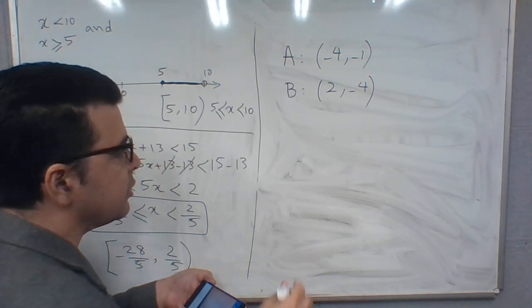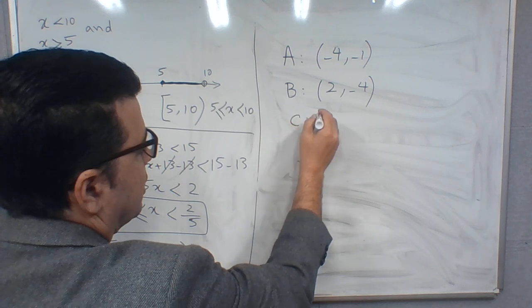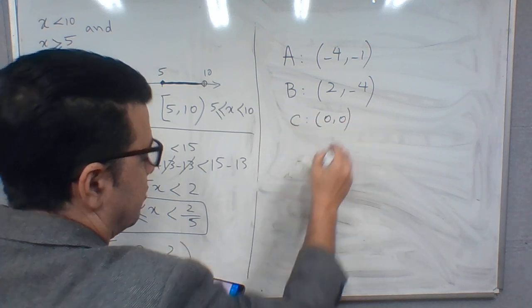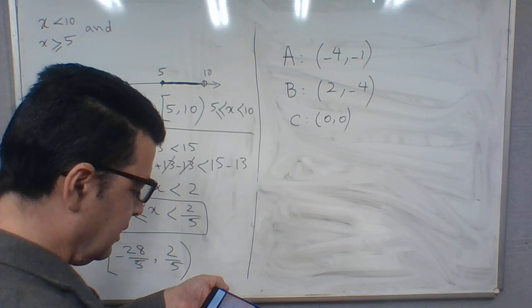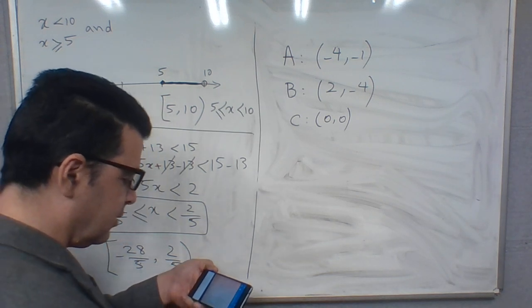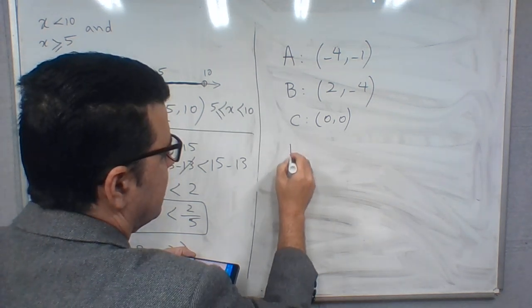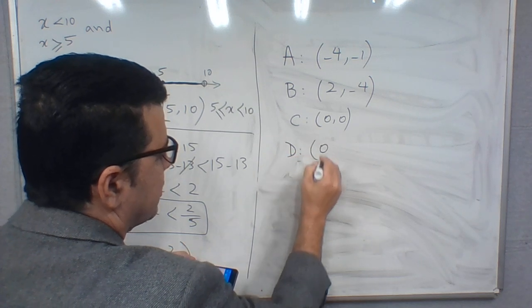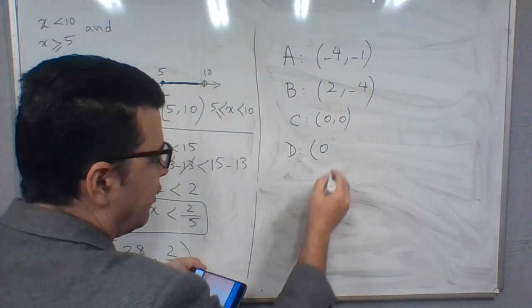C is just the origin, so the origin is 0 and 0. And D is no units to the left or right, and 1 unit up.